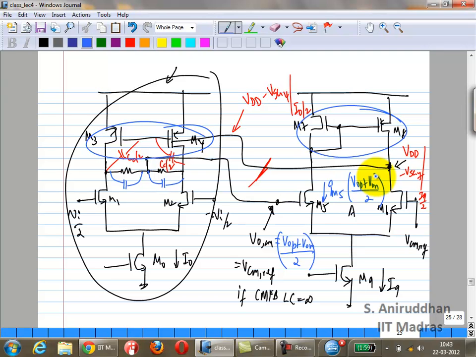Okay? So ideally you want to generate GM5 times VOP plus VOM by 2 signal current on the left hand side branch. Can you think of some way to do that? Some very simple way.